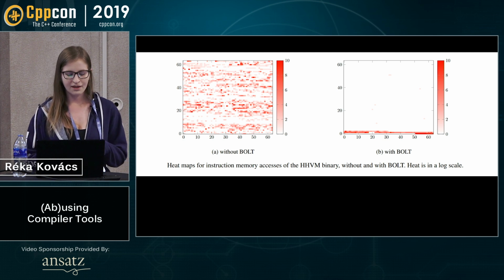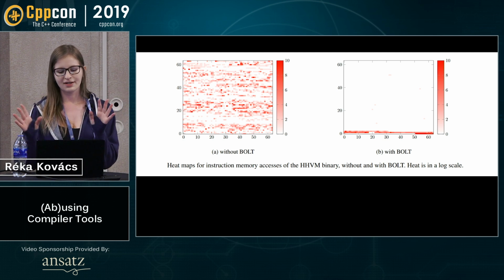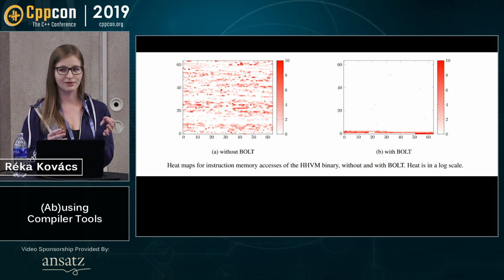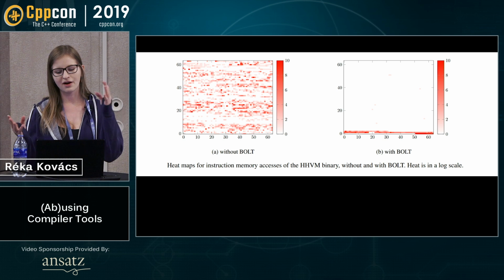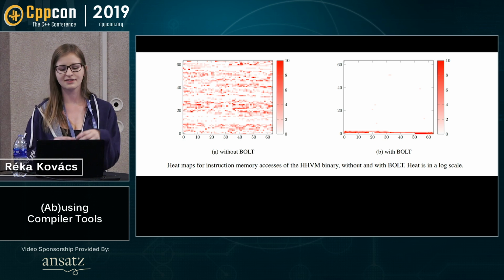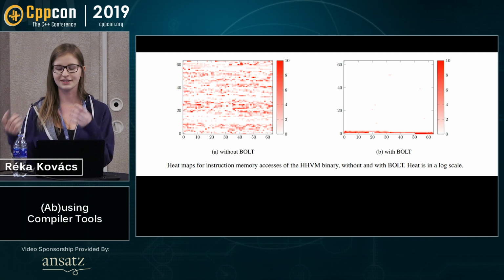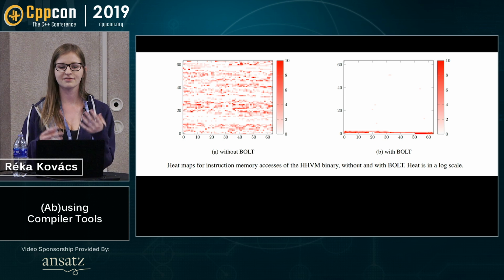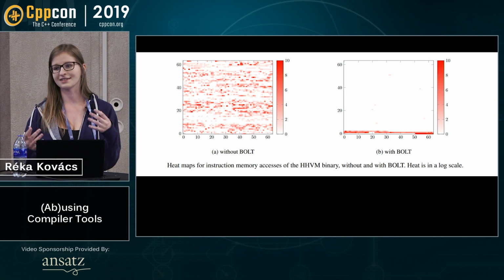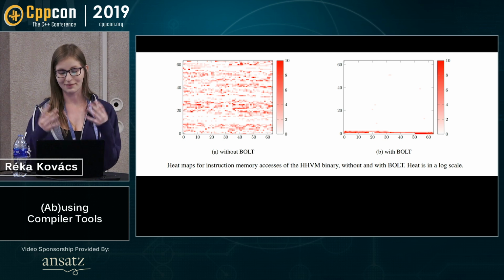After running Bolt on this executable, what we see is that the hot parts of the binary, those instructions that were fetched from memory a lot of times, are more closely packed together, meaning that it's more likely that those instructions will fit into the instruction cache, and thus the memory accesses will be faster, and the binary will be faster.